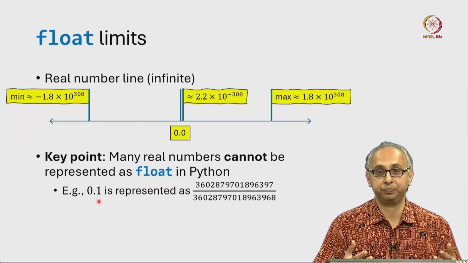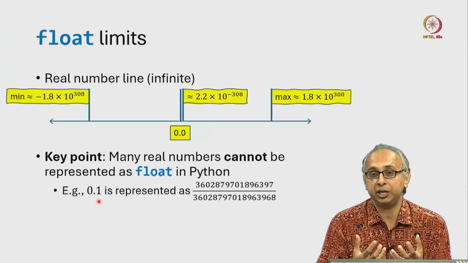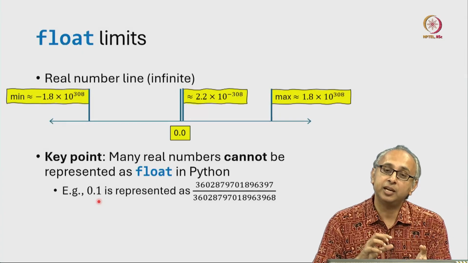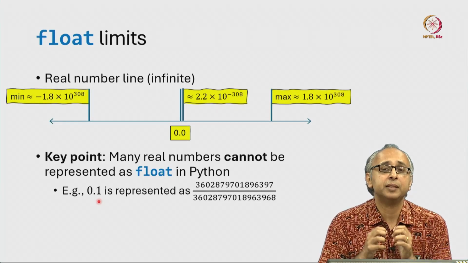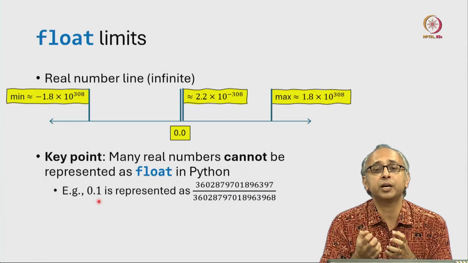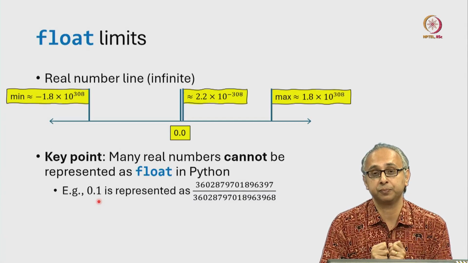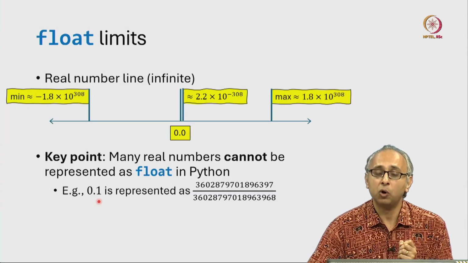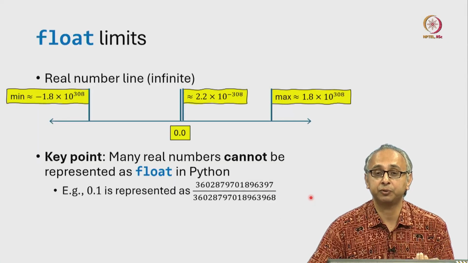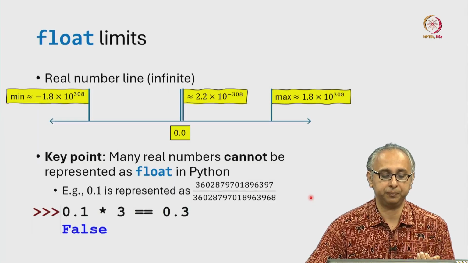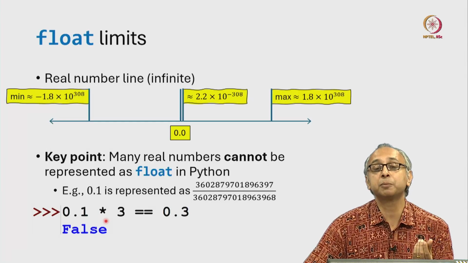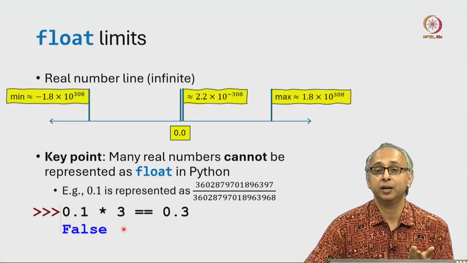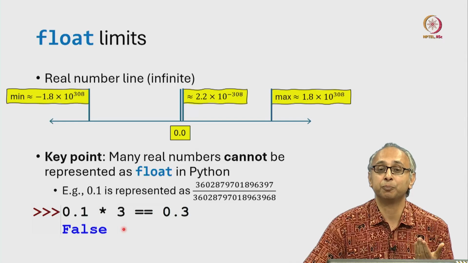So anytime we are doing calculations in Python that involve floating point numbers, please remember that we are actually working with approximate values. And because of that, all kinds of errors can creep in. Here is a quick example. If I take 0.1, the float, and I multiply it with 3, I of course expect 0.3.